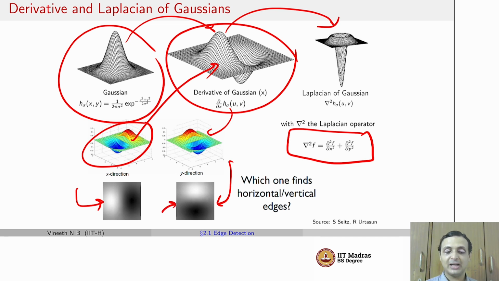The second image finds horizontal edges, and the first image finds vertical edges. It's actually quite evident when you see the images. The second image finds edges that separate this white region from the black region, and the first image finds edges like this separating the white region from the black region. So one of them finds horizontal edges, one of them finds vertical edges.